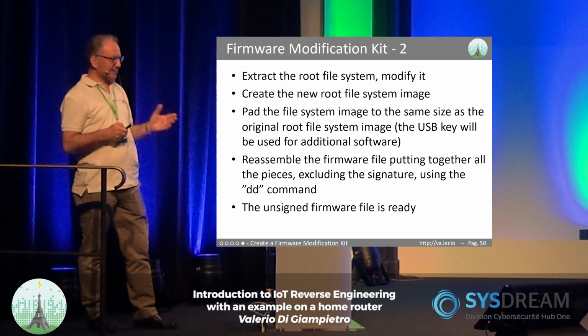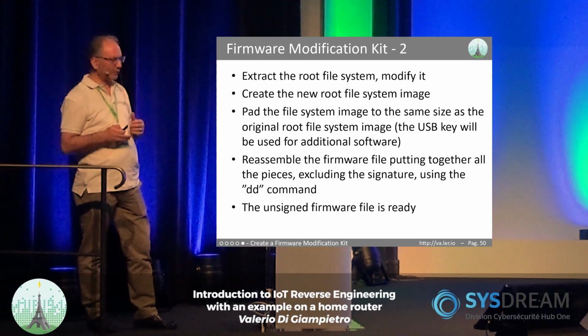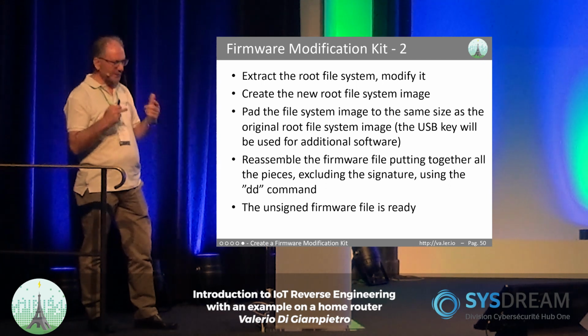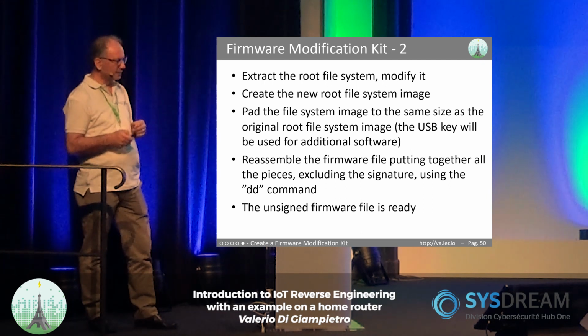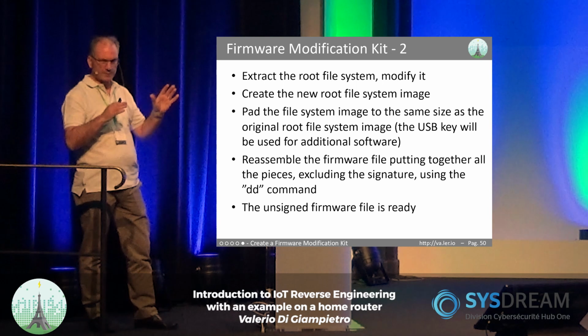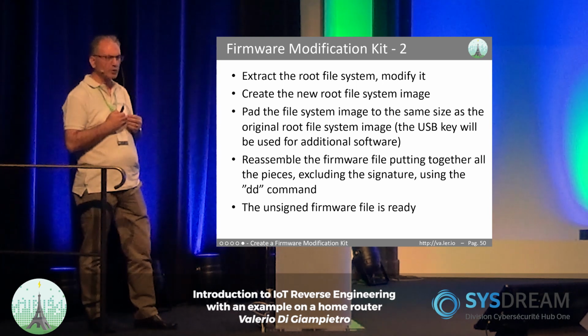We can extract the root file system from the firmware file, modify it, create the new modified root file system image, and pad it to the same size as the original root file system image, because in the firmware files there are many fields whose purpose we don't know and we don't know how they are recalculated if the root file system size changes.